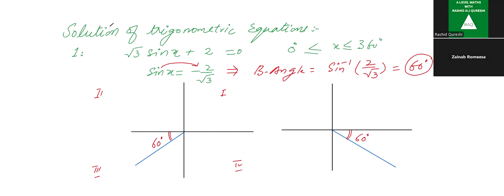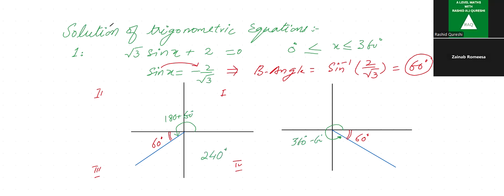So this angle in the third quadrant means 180 degrees plus 60 degrees. And this angle becomes 360 degrees minus 60 degrees. So the first answer of the angle will be 240 degrees, if I'm not wrong. And this angle will be 300 degrees.